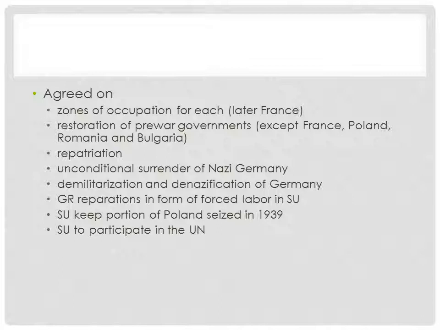So the idea was to create a strong organization from the very beginning to provide that diplomacy and kind of keep people's behavior in check, with the Soviet Union participating in the United Nations from the get-go.